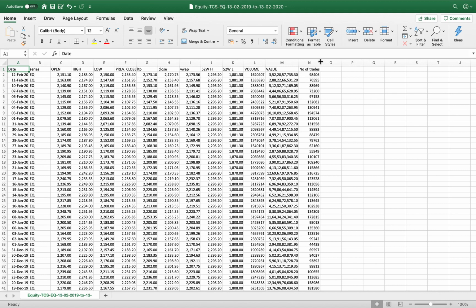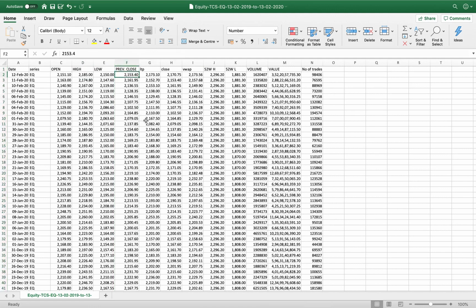Let's understand what kind of data they have given you in the name of historical data. They are giving you the dates. Equity is the series. On that specific day, at what price it opened, what was the high price, the low price of that day, then the previous close. So previous close was 2153.